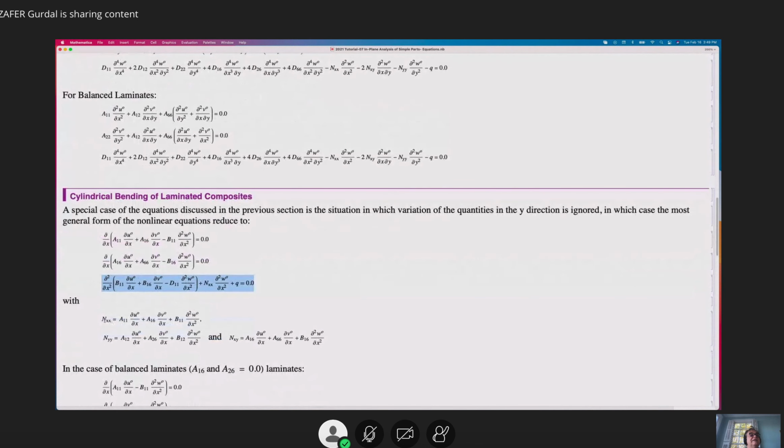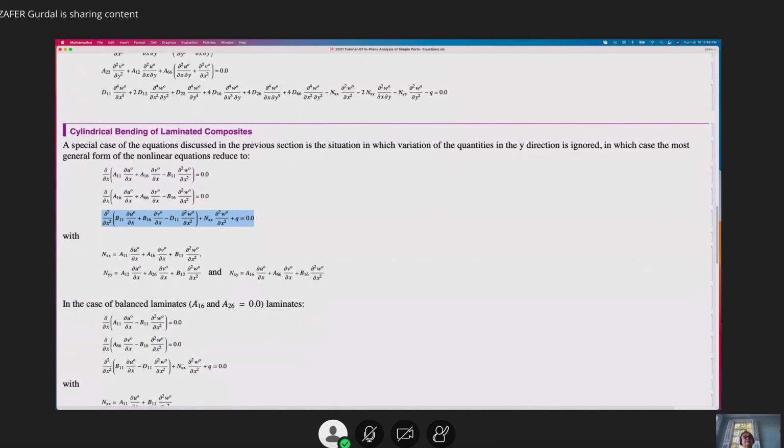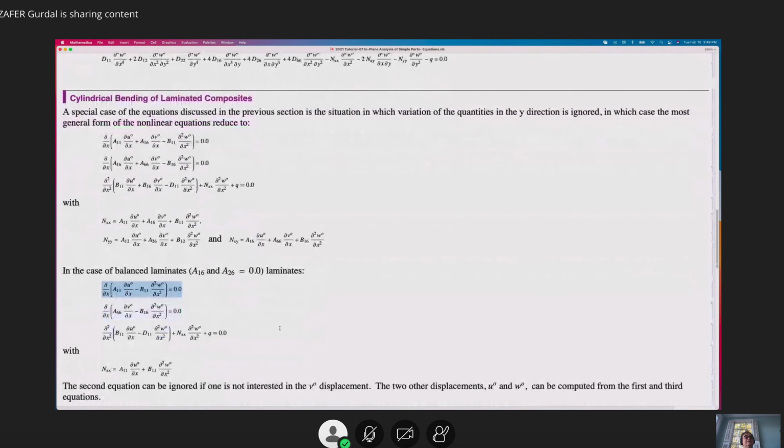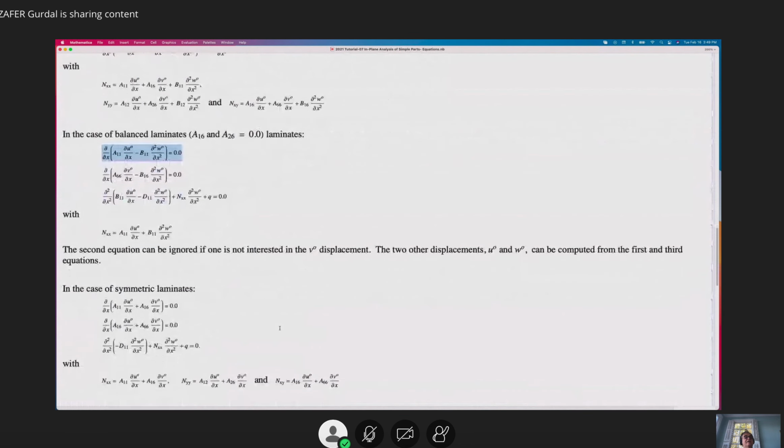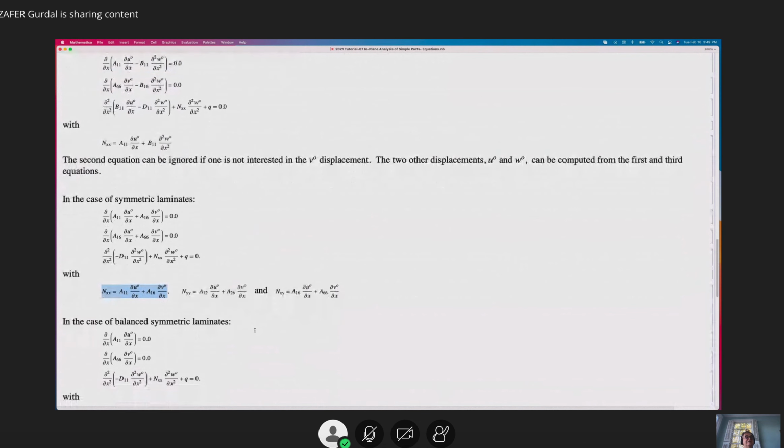And then Nx will be still simpler, but still more complicated than the simple. These are going to go to the bending equation. For balanced laminates, A16 and A26 are also 0, in which case it's even simpler for symmetric laminates, and the Nx again is simpler.